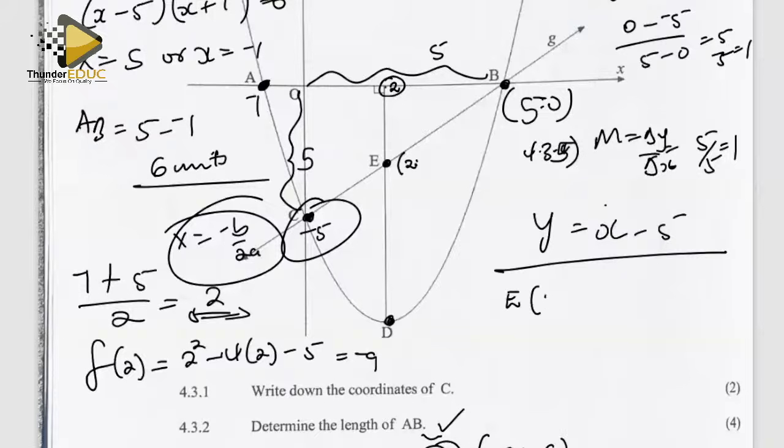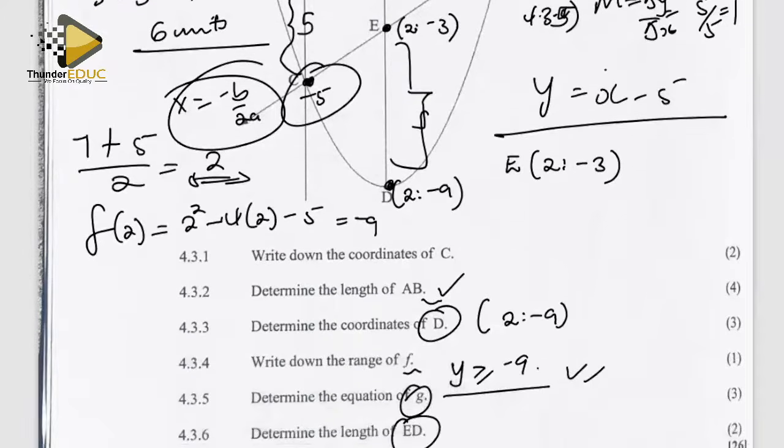Meaning that E is going to be (2, -3), and then we already found that D is (2, -9). So what is the length here? Whenever we find the length of vertical or horizontal lines that are parallel to the axis, just subtract. So the bigger value is -3, the smaller value is -9. So -3 minus -9 gives us 6 units.